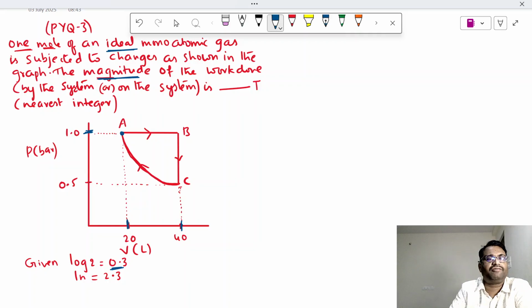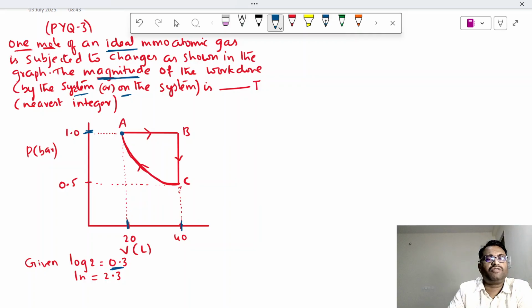So what is asked is the magnitude of the work done by the system or on the system. He is asking only for the magnitude. In this, we need to solve the question in a different way. Finally, you need to calculate the area under the graph. Already we have studied that the area under the PV graph gives you the work done.